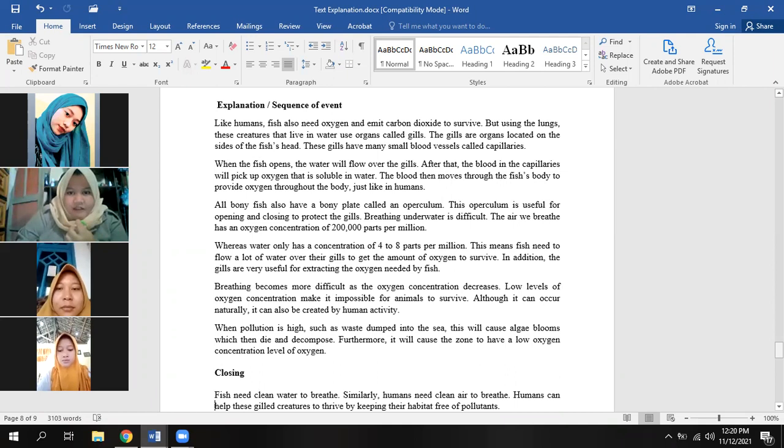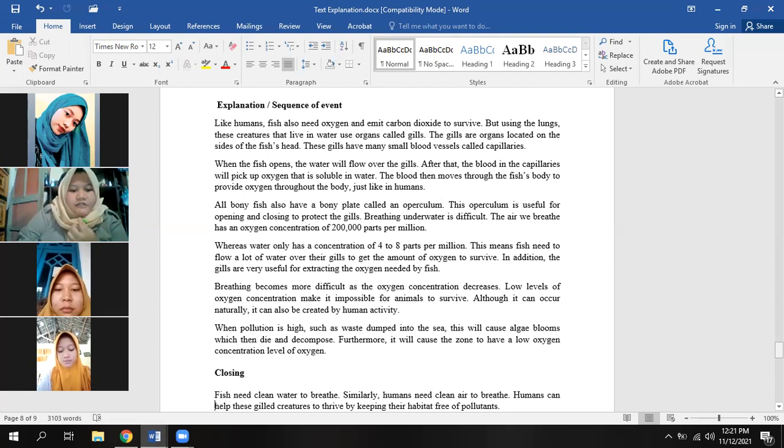And then the explanation continues. Breathing becomes more difficult as the oxygen concentration decreases. Low levels of oxygen concentration make it impossible for animals to survive. Although it can occur naturally, it can also be created by human activity.